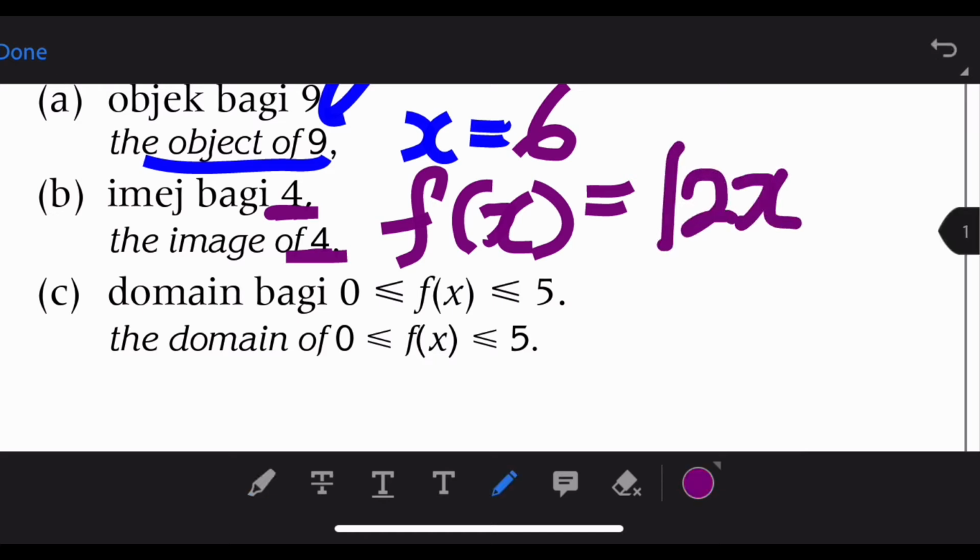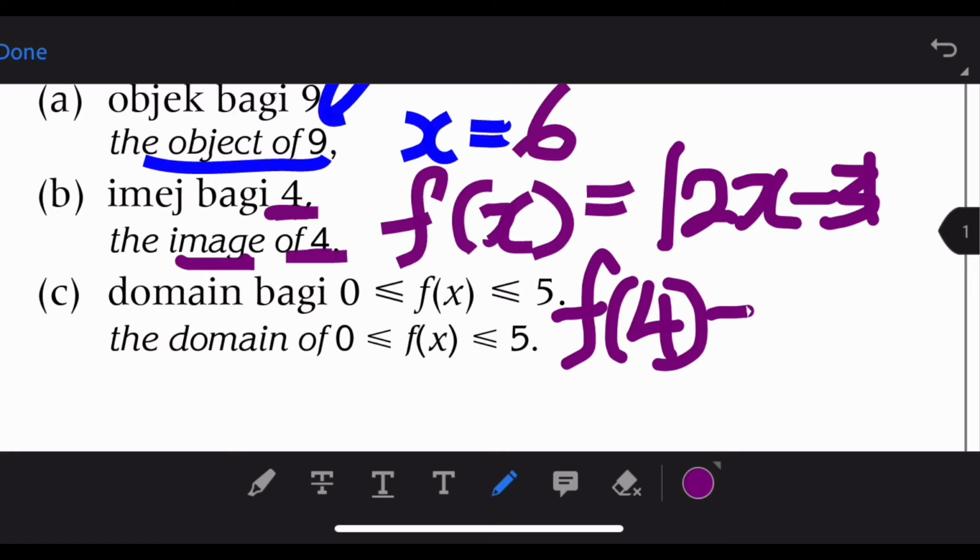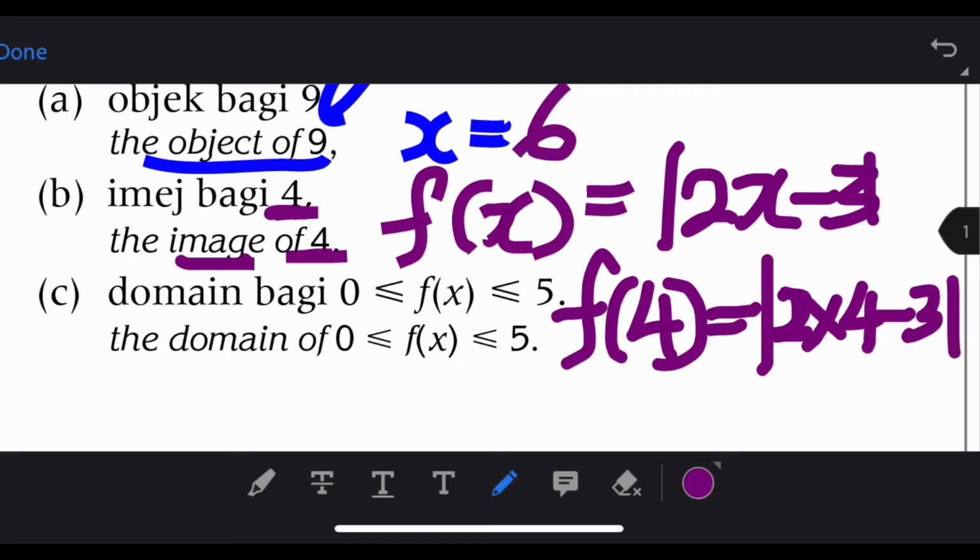Image means that we have to find f(4). 4 is the object, x is the object. So you must know that the object is represented by x, and the image is represented by y, or f(x). So we are having 8 minus 3, which is modulus 5.